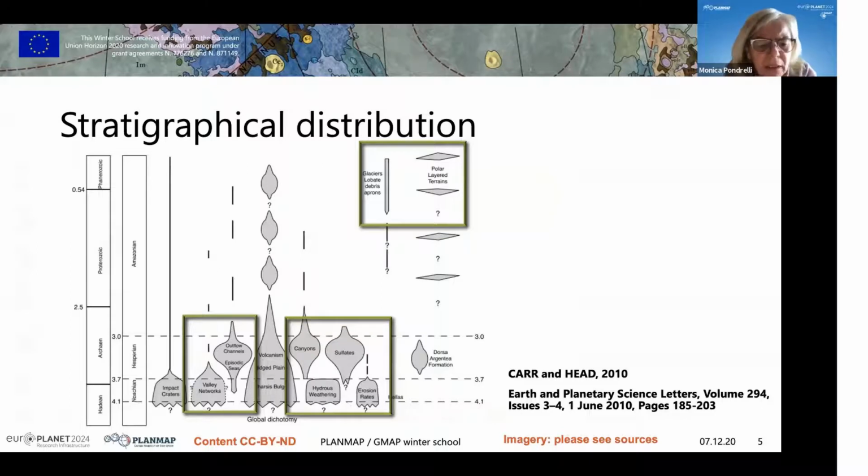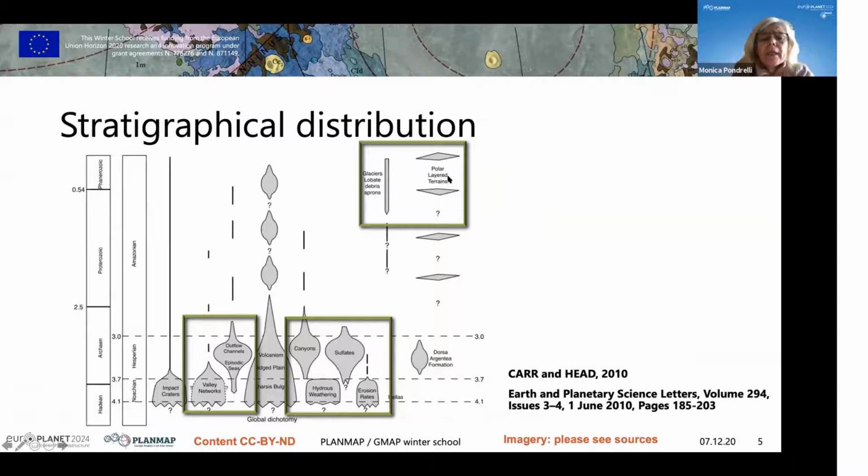Stratigraphically speaking, the sedimentary deposits are basically widespread throughout all Martian history, but the water-related ones, for example, valley networks, outflow channels, and of course, incision of canyons and sulfate formation, are constrained within the Noachian and the Hesperian. Later on, we have a lot of glacial deposits forming during the Amazonian.